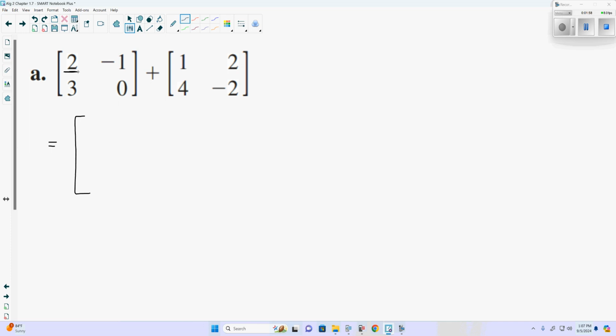Our first number in the first matrix is 2. And we're going to add to it the corresponding number in the second one, which is 1. Yes? Because 2 and 1 are in the same spot, so we will be adding those together. Our next number is -1. And we're going to add to it what? 2.